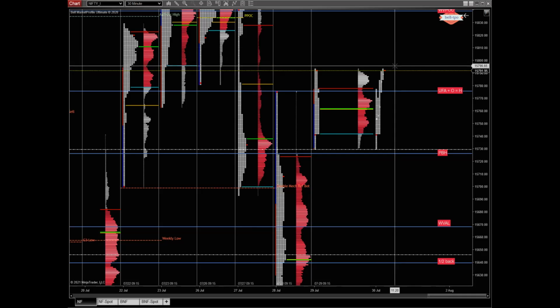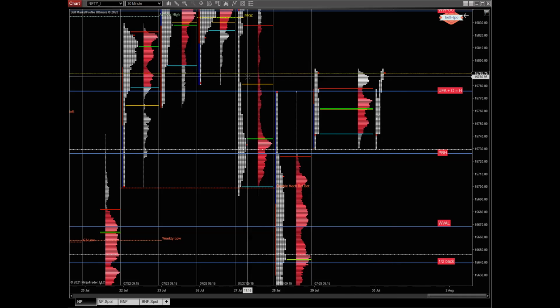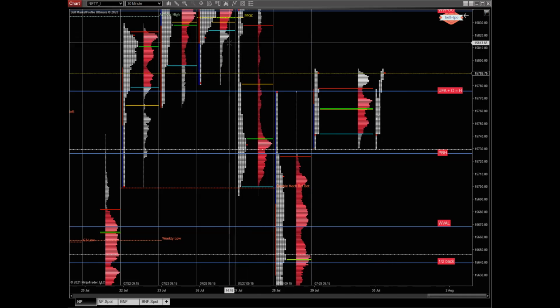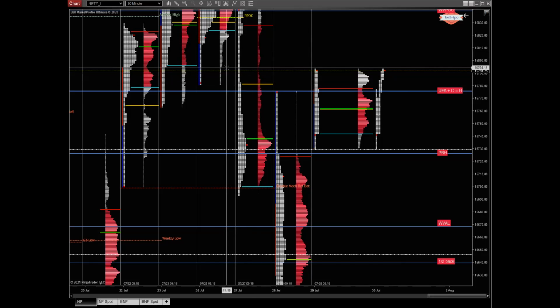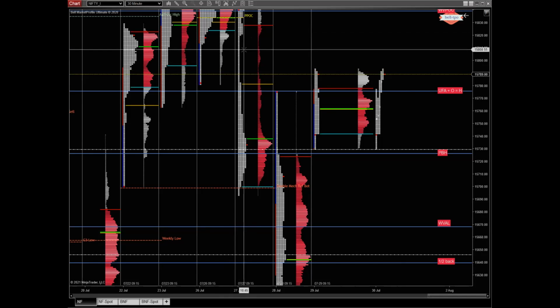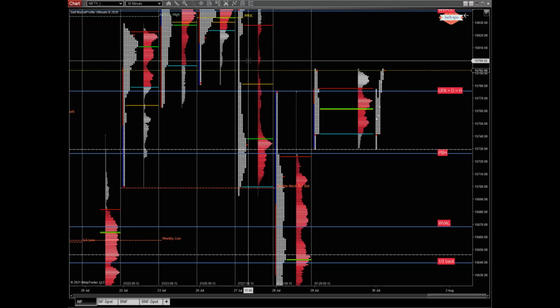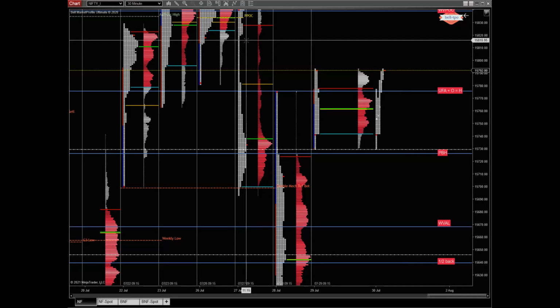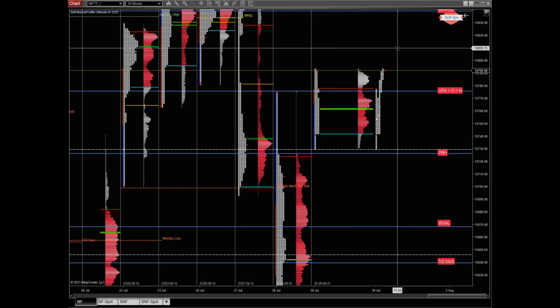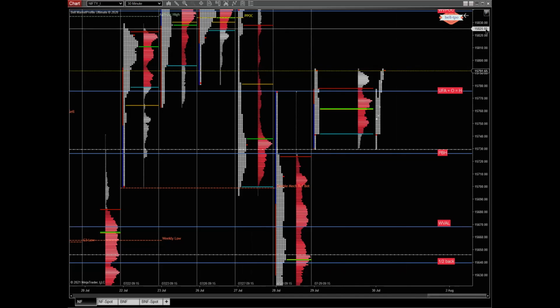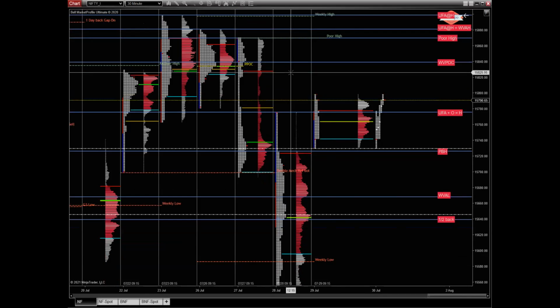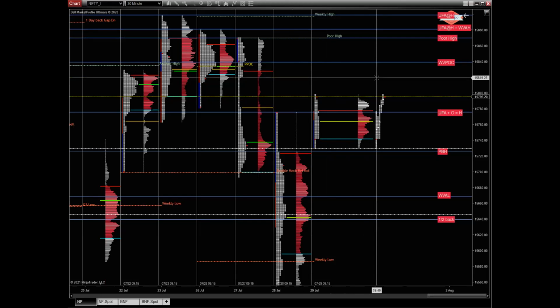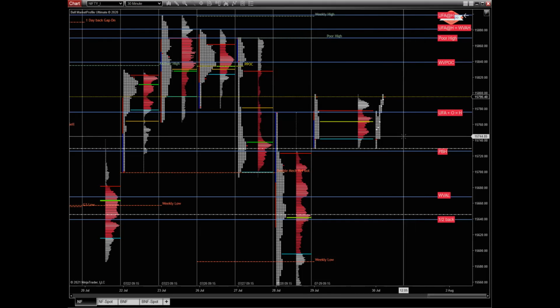Currently there is a slow and steady up move, and let's see whether this particular single print is getting cleared or not, because there are also unfinished auctions here. So the odds increase that it will clear this single print zone. And once it clears, maybe around the value area high, then we might expect a reversal.